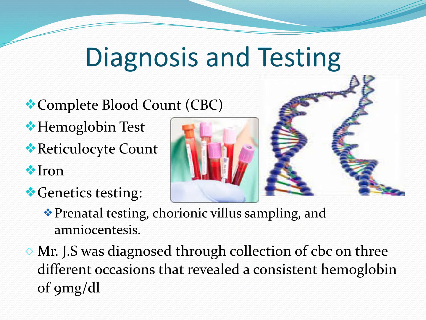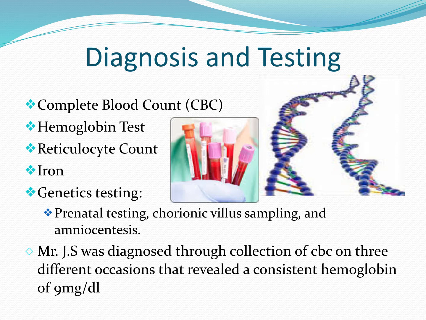The diagnosis and testing involved in thalassemia disease include a complete blood count and hemoglobin testing, reticulocyte count, iron, and genetic testing. Genetic testing might include prenatal screening such as chorionic villus sampling and amniocentesis.